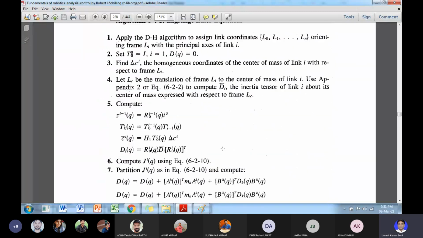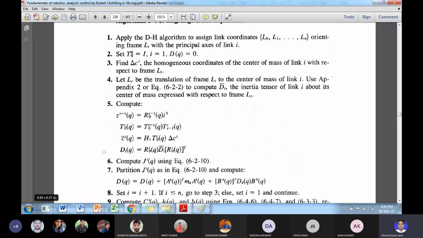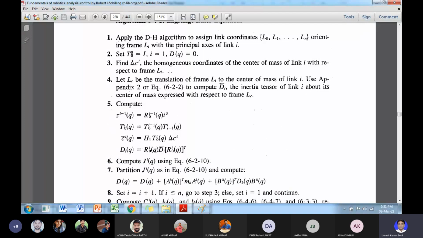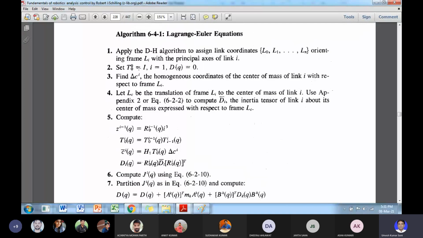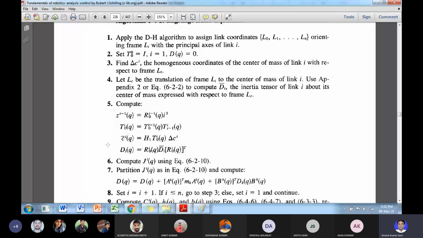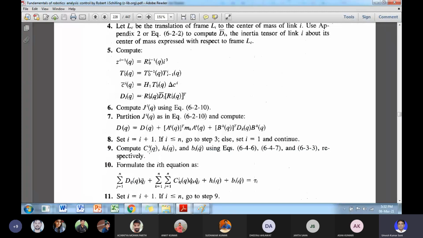So now what is the process? First we will determine up to step 7. We will apply the algorithm for determining the Euler-Lagrange equations. For determining the Euler-Lagrange equation we have the simple algorithm from 1 to 7, and then we calculate the velocity coupling vector, gravity force and viscous force.